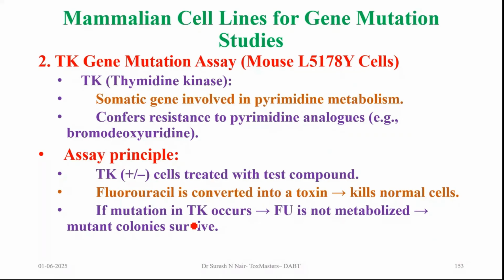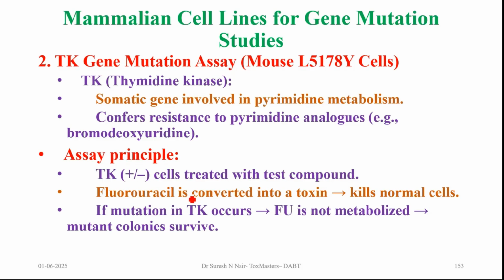Now, the next one is the thymidylate kinase enzyme. Thymidylate kinase again is responsible for the somatic gene involved in the pyrimidine metabolism, just like the purine metabolism. In case of HGPRT, this TK mutation assay is related with the pyrimidine base. So TK positive cells will be treated with the compound, and the fluorouracil is the compound that will be used.